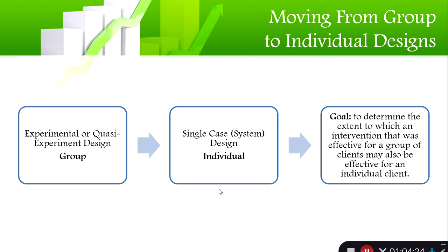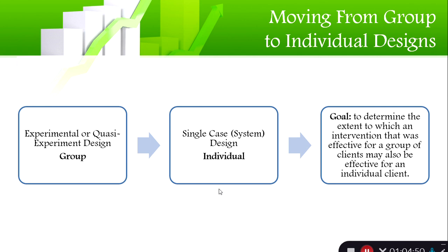And so we looked at experimental or quasi-experimental designs previously, which were group designs. If we want to determine the extent to which an intervention that was effective for a group may be effective for an individual client, then we can simply move from an experimental or quasi-experimental design to a single case or individual design.